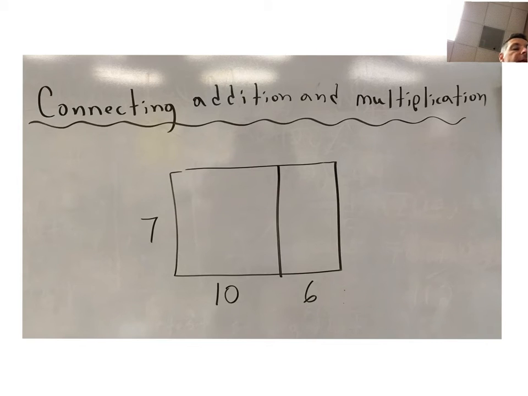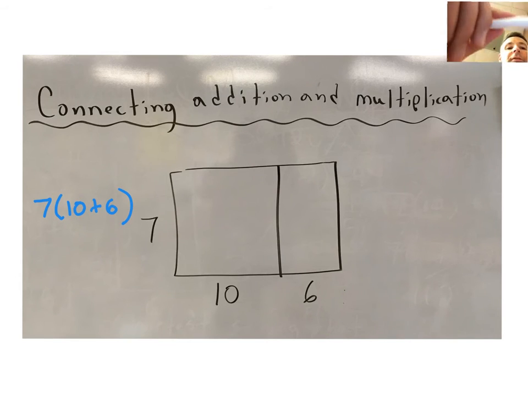So let's write out the factored form. So we see 7 times 10 plus 6. So we can write that like this. 7 times 10 plus 6. So 7 is a factor, and that comes from here.